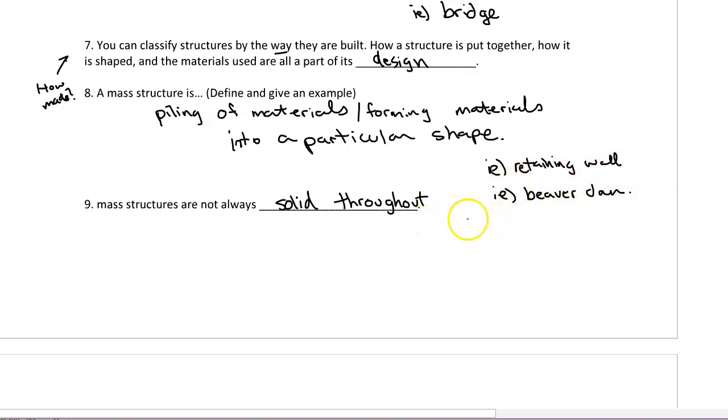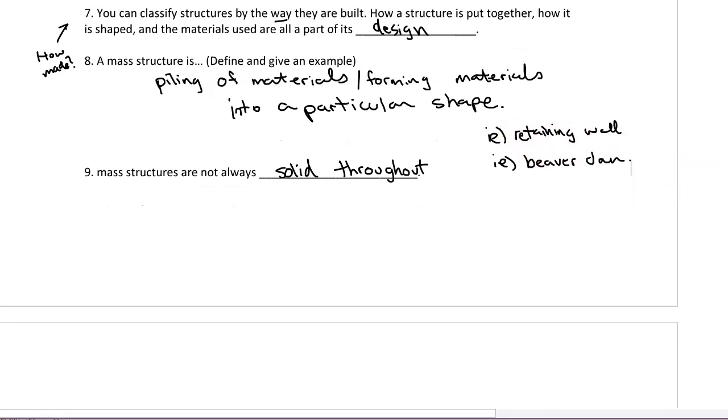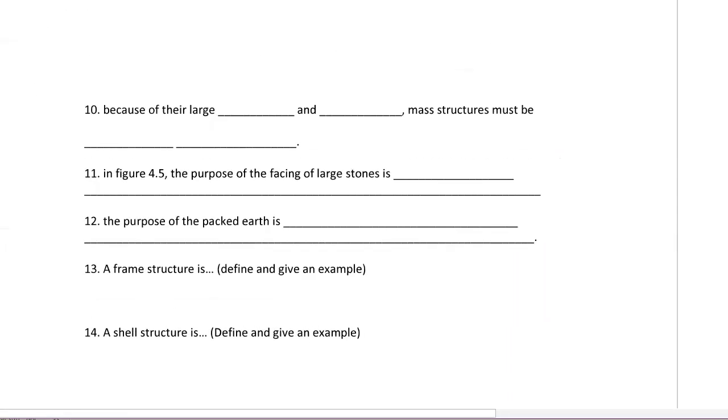They can have hollow bits inside and still be considered a mass structure. Right? Now, because of their large size and weight, mass structures must be carefully constructed.